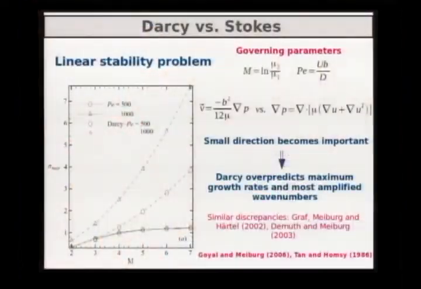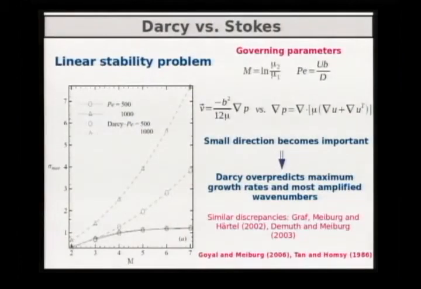But now the question becomes, how do these growth rates compare against the growth rates computed using Darcy's law or other theories that employ a gap averaging approach? And that's what this plot shows, the maximum growth rate with increasing viscosity ratio for two values of the Peclet number.